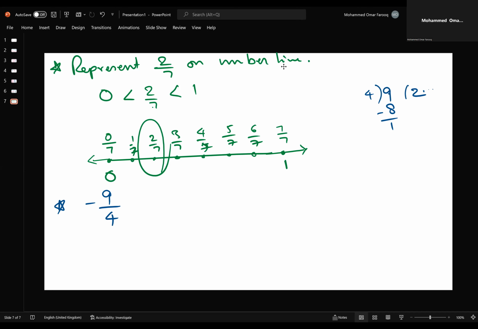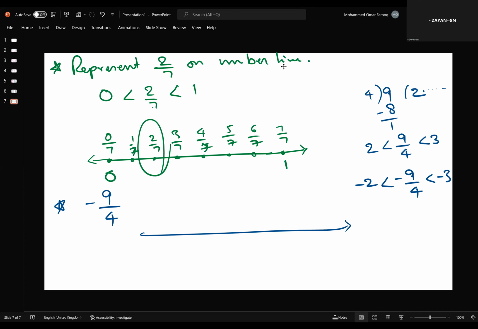So that means if I take positive 9/4, it lies between 2 and 3. Is it right, my dear students? So now the number minus 9 by 4 lies between -2 and -3. Is it right? So -2 will be on the right hand side and -3 will be on the left hand side, because it is negative.